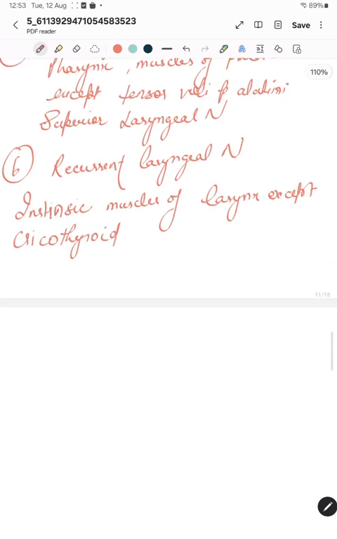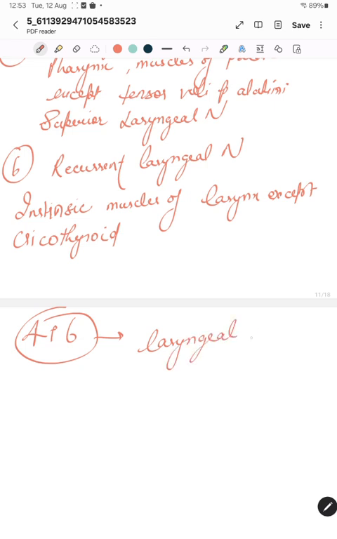And the skeletal elements of the fourth and sixth arches are laryngeal cartilages, except epiglottis.